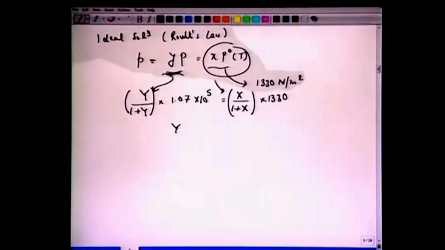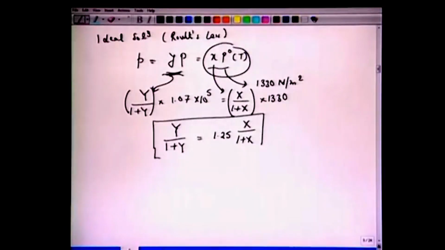To simplify this, we have Y over 1 plus Y equals 1.25 capital X over 1 plus X. So we have obtained the equation for the equilibrium curve, y as a function of x.